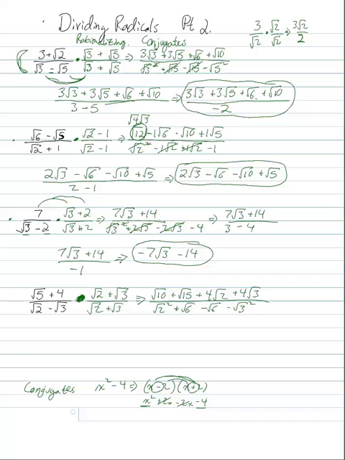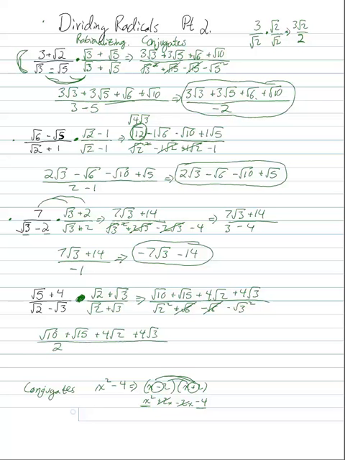Check the numerator. I can't simplify anything. I have no like terms, so I'm just going to keep it as square root of 10 plus square root of 15 plus 4 square root of 2 plus 4 square root of 3 over square root of 2 squared is 2. Positive square root of 6 minus square root of 6 cancels out.